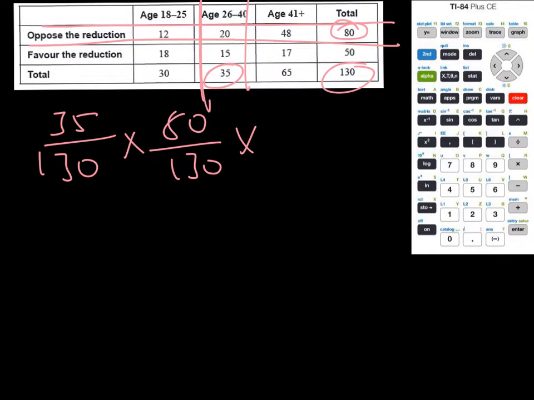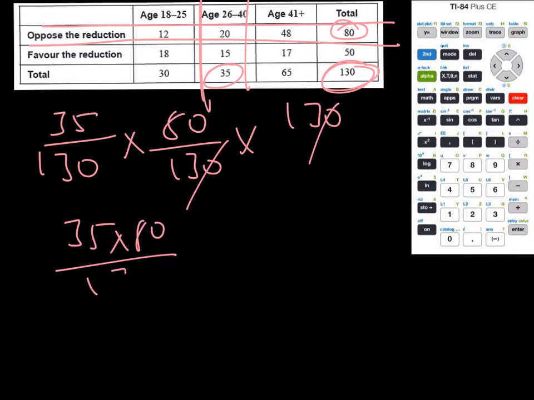And then we multiply that by the total population, which is 130. Now you can see those two will cancel out, so most of you would have just used this formula here, 35 multiplied by 80 over 130. And if you do that, that gives you the answer of 21.5 to 3 sig figs.